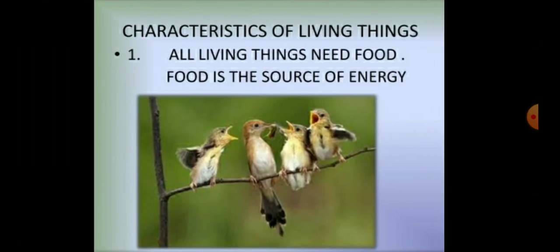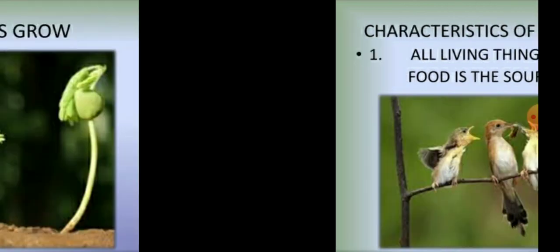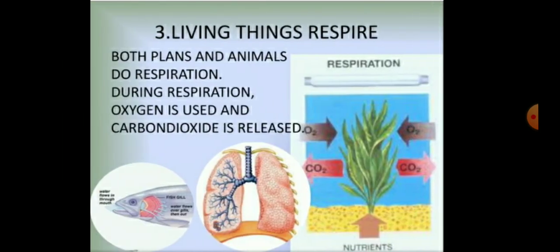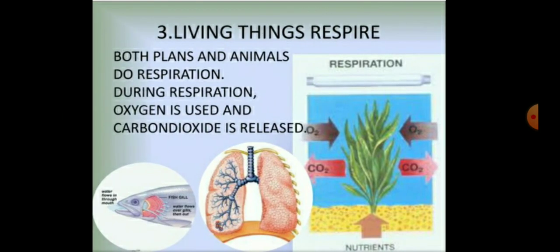The characteristics of the living organism: all living things need food, because food is the source of energy, and all living things grow. You can see this plant is growing gradually, and all living things respire. Both plants and animals do the respiration process.